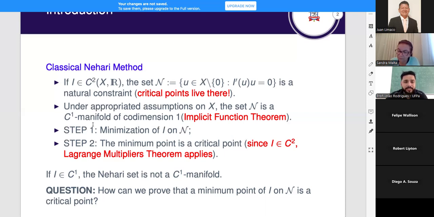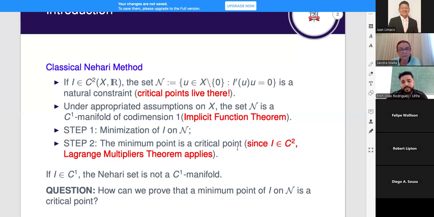Okay, the next step is to minimize your functional on the set N, and the more technical step is to show that your minimum point on the set N is a critical point of your functional defined in the Banach space.